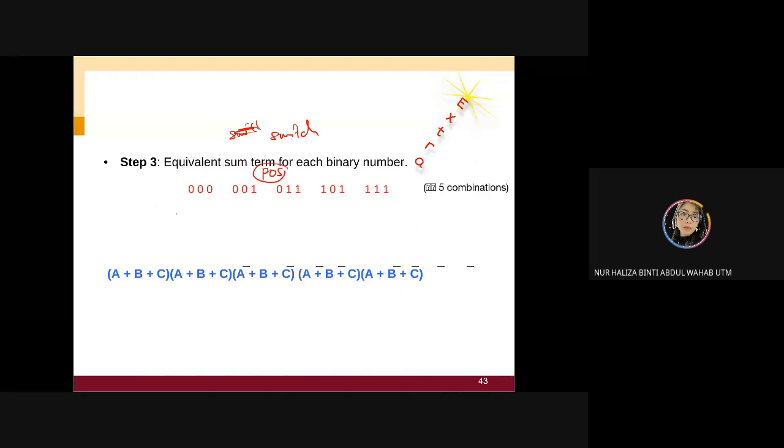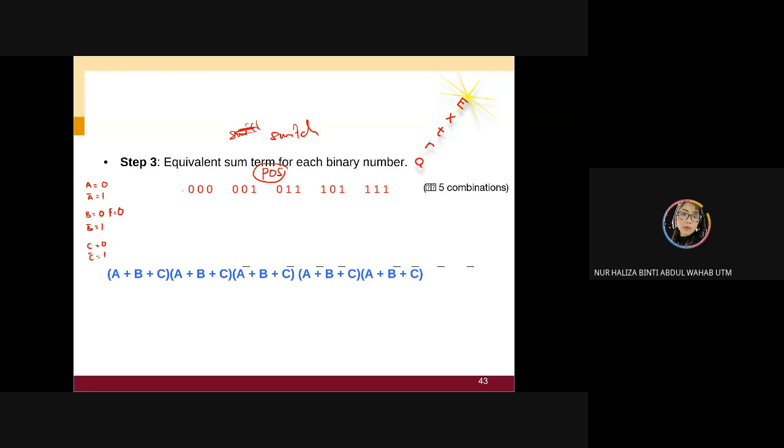What is the condition for POS? A equal to 1, A bar, wrong again. A equal to 0, A bar equal to 1. B equal to 0, B bar equal to 1. C equal to 0, C bar equal to 1, because my output is 0.